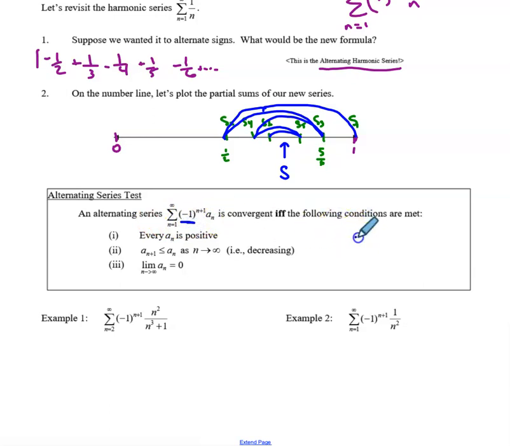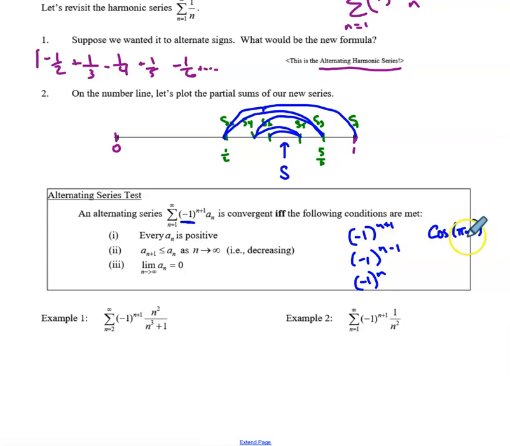And there are several alternators we will use, including -1 to the n plus 1, -1 to the n minus 1, and -1 to the just plain n, and then one that you wouldn't expect, which is cosine of pi n.